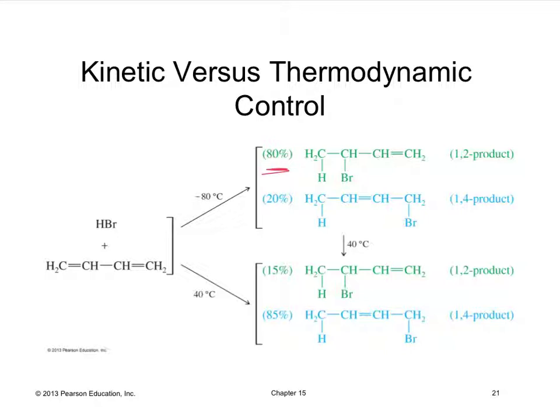So at low temperatures, it prefers the 1,2 product, 80%. Now if you raise the temperature to 40 degrees, the preference changes, and it prefers the 1,4 product by 85%.